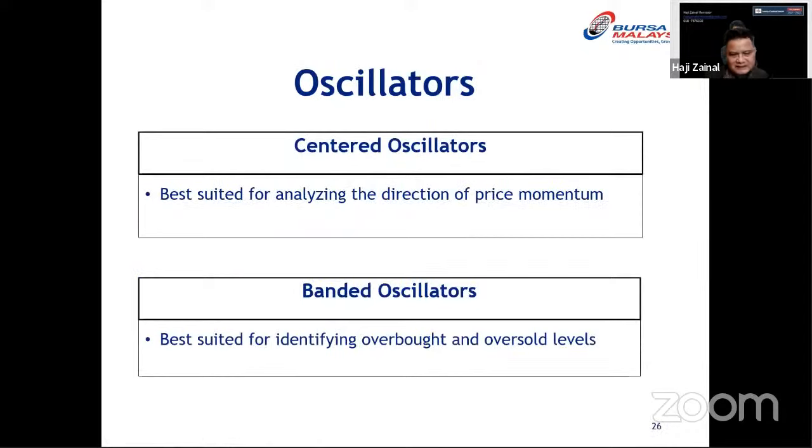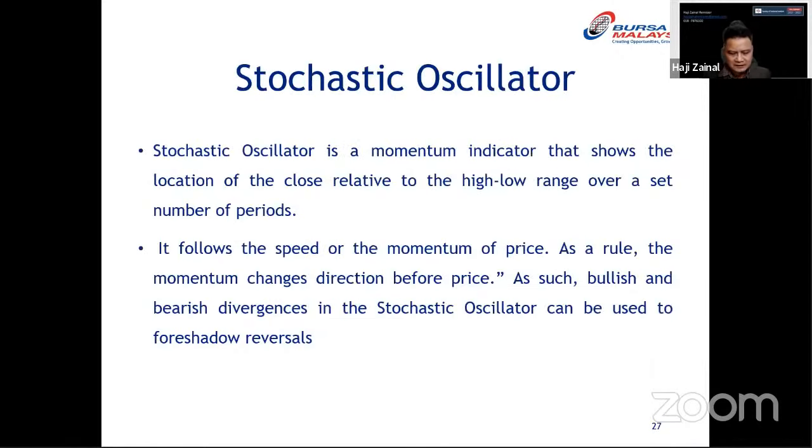Centered oscillators are best suited for analyzing the direction of price momentum, and banded oscillators are best suited for identifying overbought and oversold levels. This is why you need to know whether an oscillator is a centered oscillator or a banded oscillator. Now, the next one, we go to the stochastic.